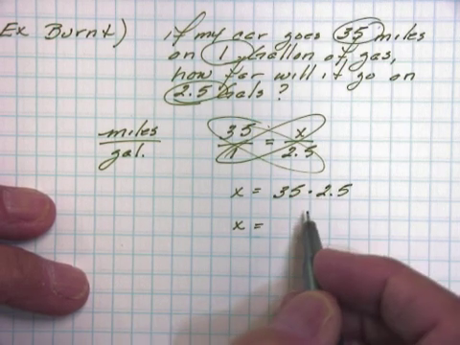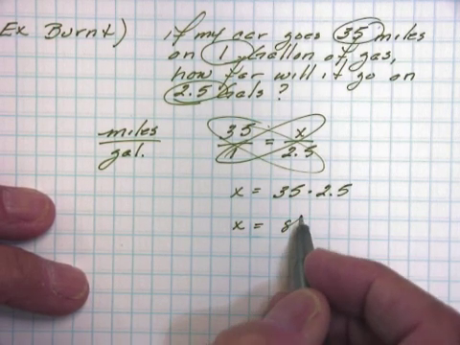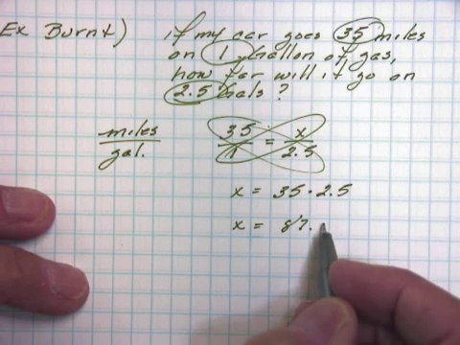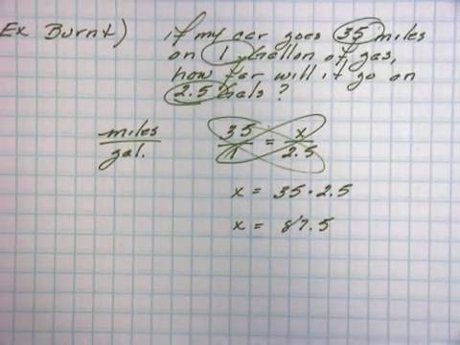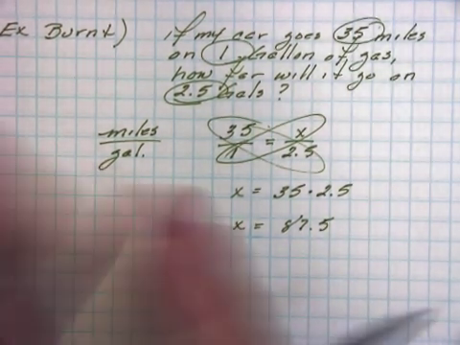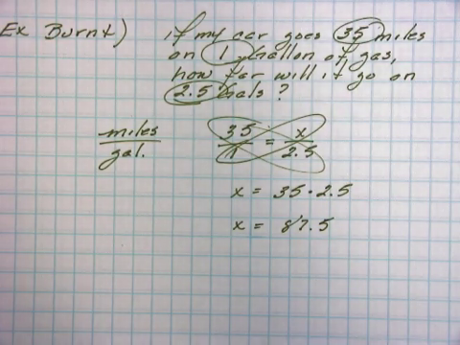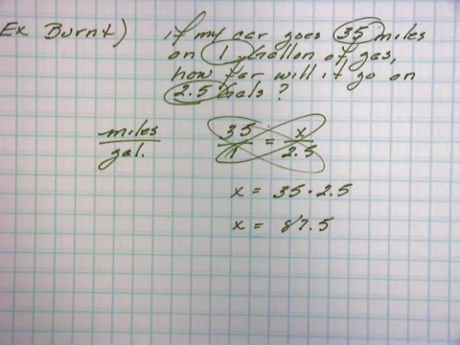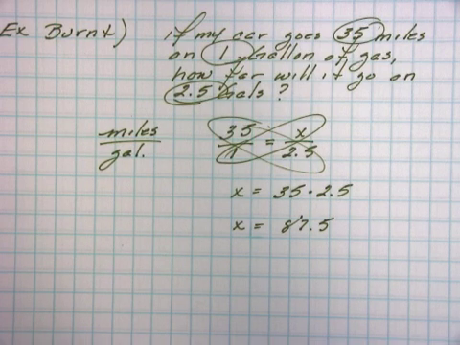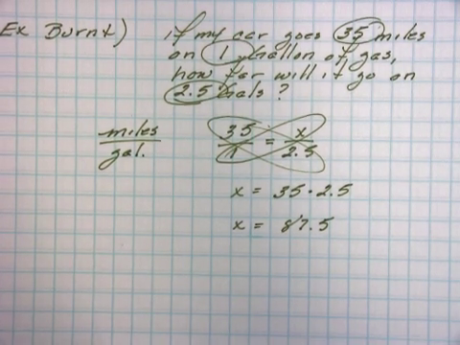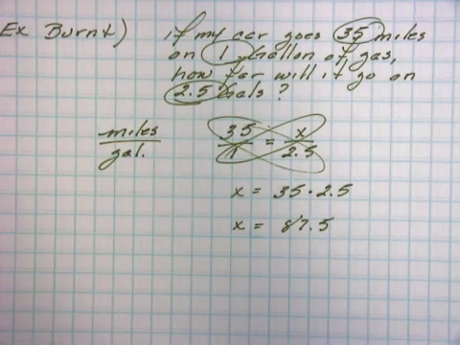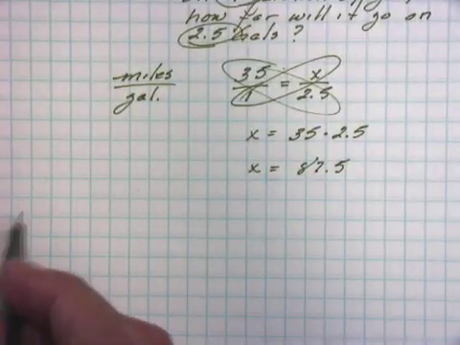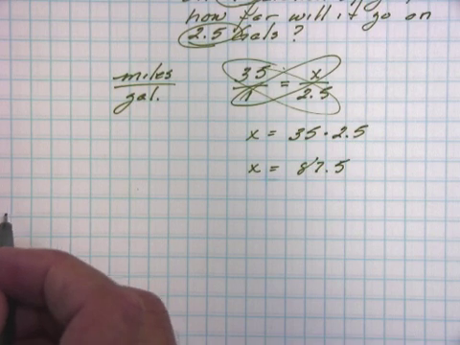So 1 times x is x equals 35 times 2.5. And if I work that out, x equals, what is that, 87.5? So on 2.5 gallons of gas, I can go 87.5 miles. So that's how we can use cross multiplication in an actual problem, in an actual real life situation.